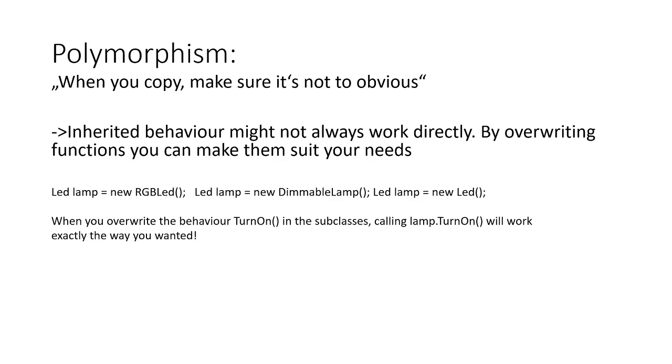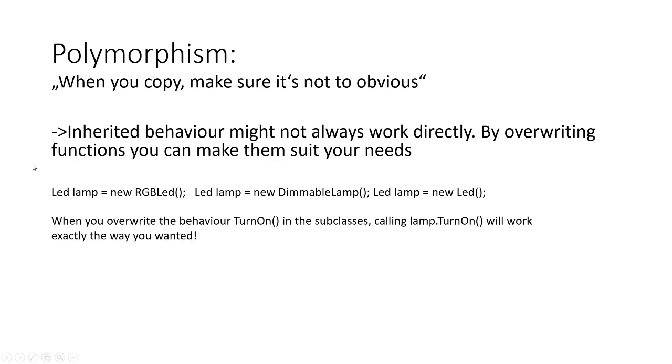It's like the sentence when you were in school copying homework from your buddy, and he said, when you copy, make sure it's not too obvious. But it's just a slang way to say that inherited behavior might not always work directly. So you need to override functions so you can make them suit your needs.